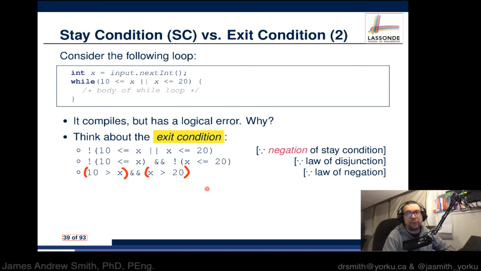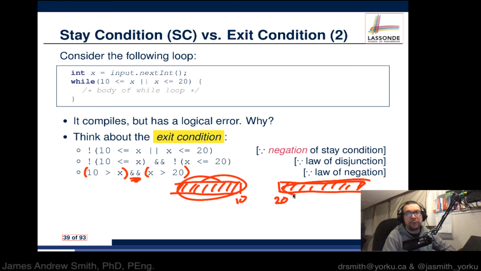So x needs to be less than 10. There's 10. And x needs to be greater than 20. x needs to be simultaneously down here and there.